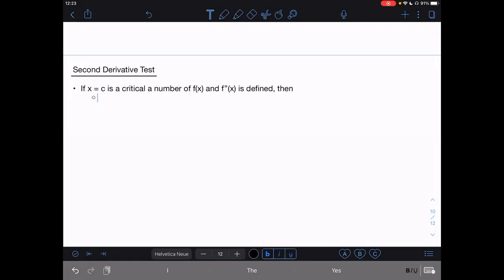If we plug in this critical number and evaluate it using our second derivative, and it is greater than 0, then this means that our original function of x has a relative minimum at x equals c.